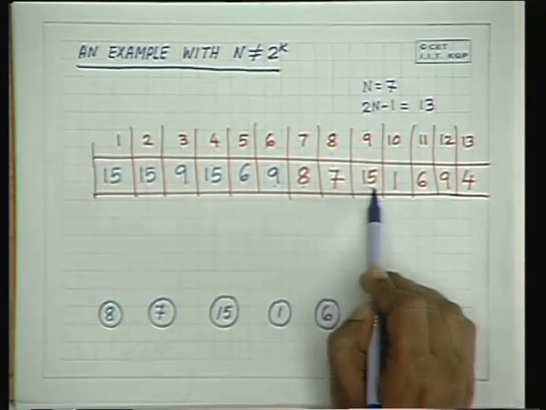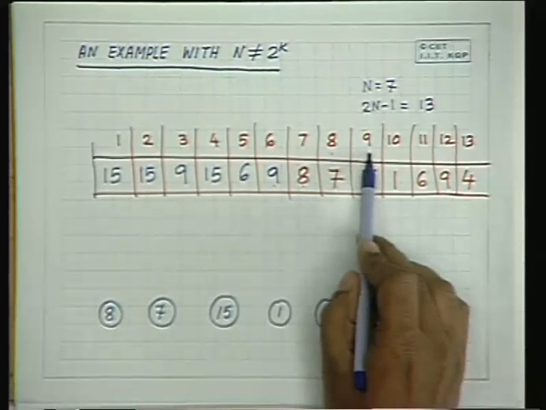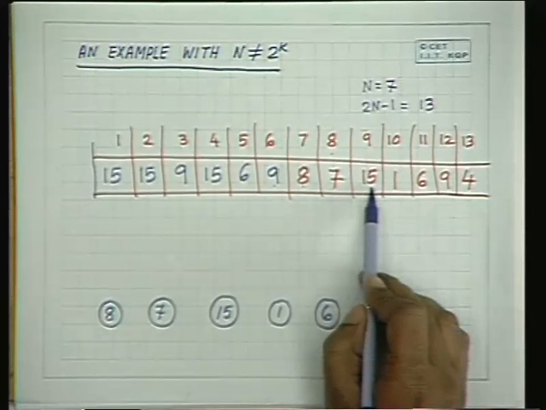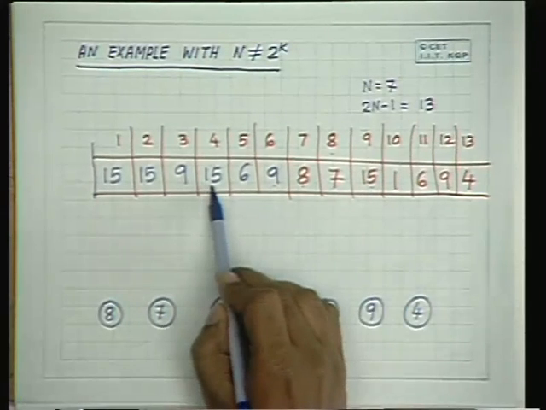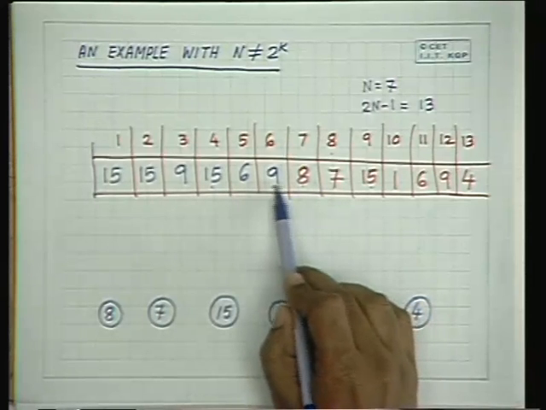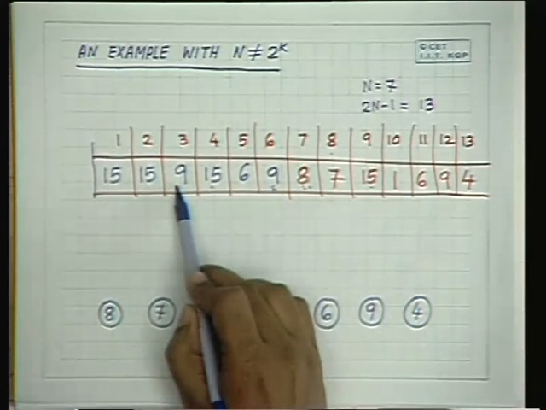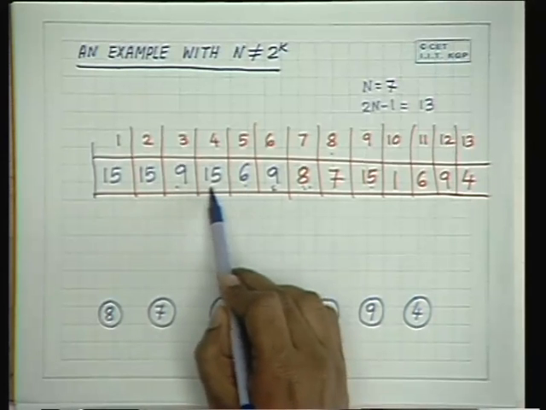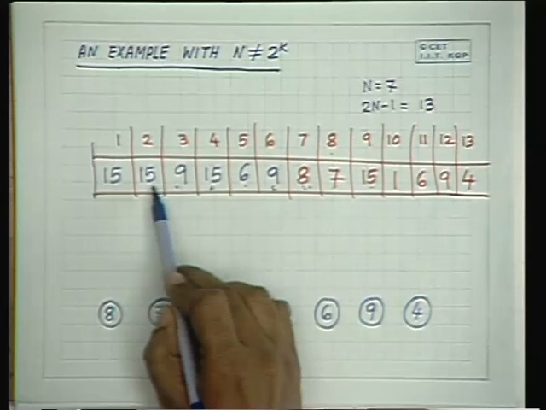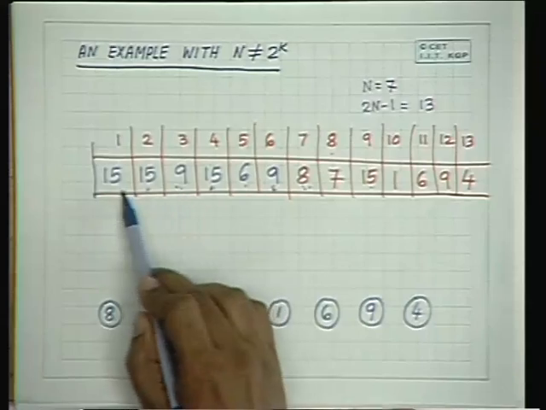For the comparison of 8 and 9, the locations 8 and 9, the numbers are 7 and 15, and the comparison is stored here. The comparison of these two elements in 6 and 7 is stored here. The comparison in locations 4 and 5 is stored here, and the comparison of these two is stored here.